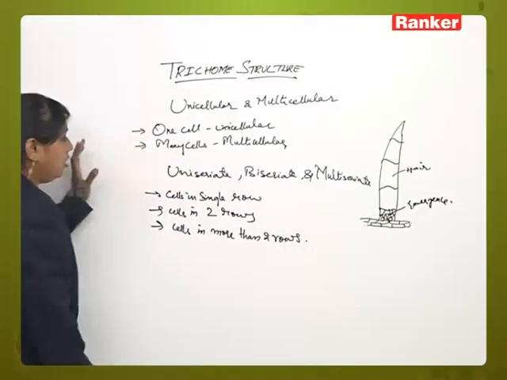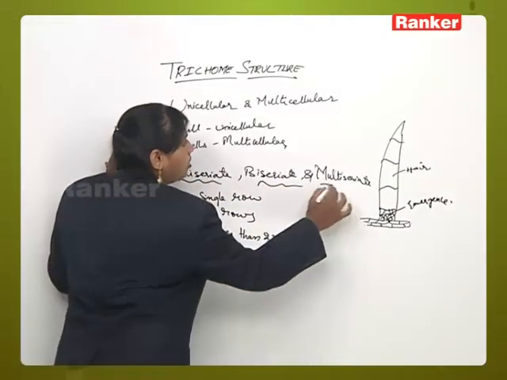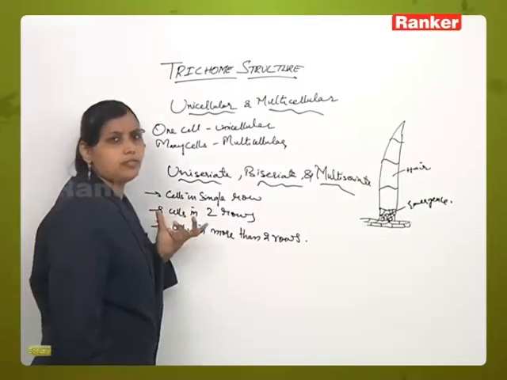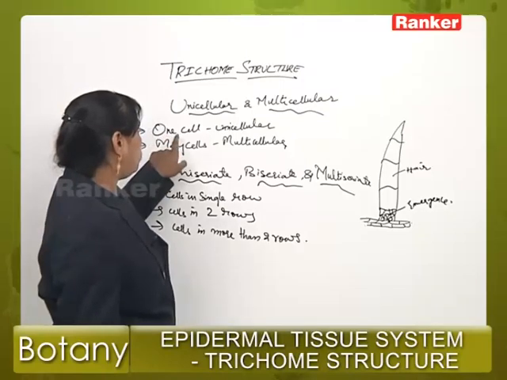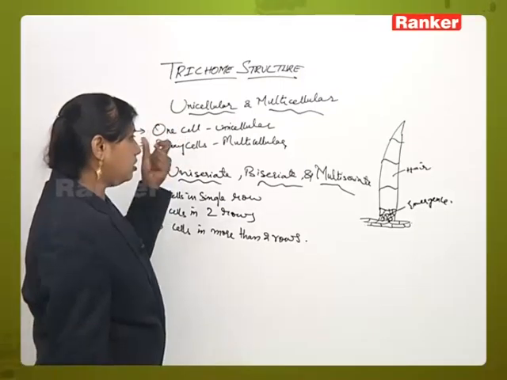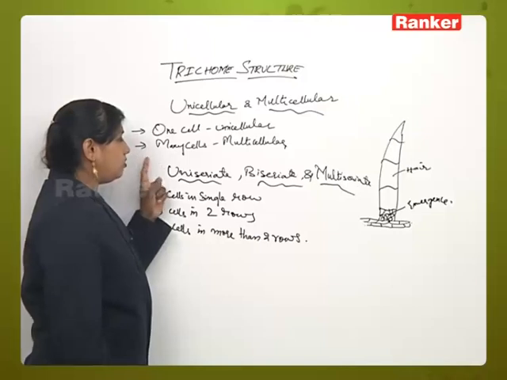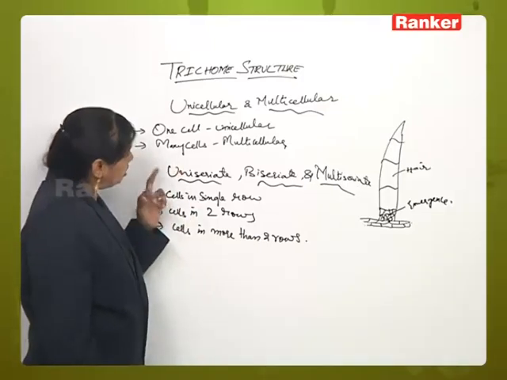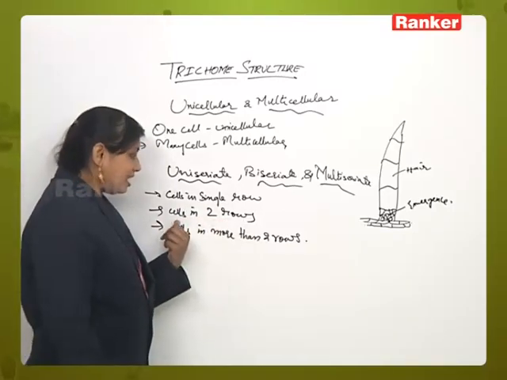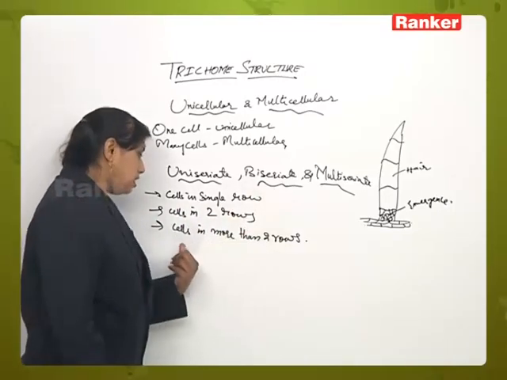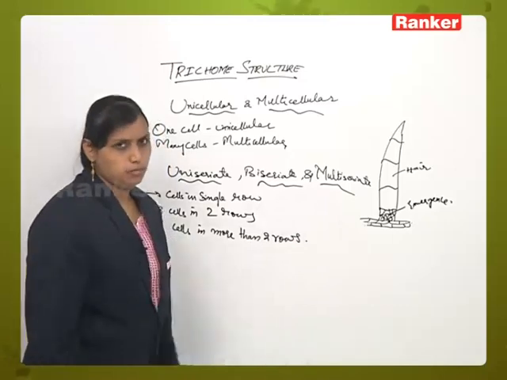So these are the different possible forms of trichomes available. If there is only one cell, it is unicellular. If they have many cells, that is multicellular. Uniseriate, if the cells are arranged in a single row. Cells in 2 rows are biseriate. Cells in more than 2 rows are called multiseriate.